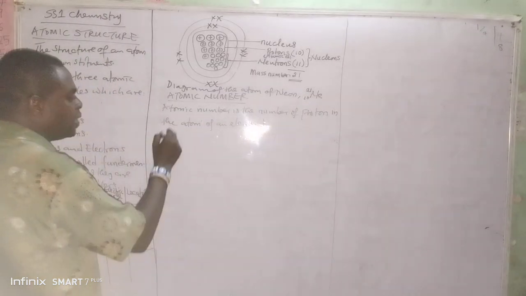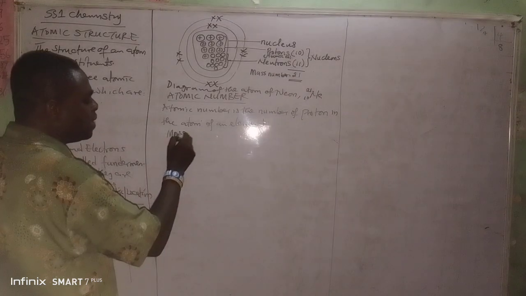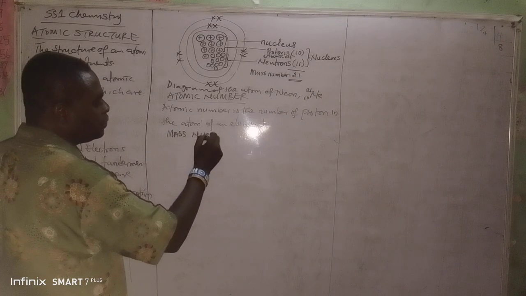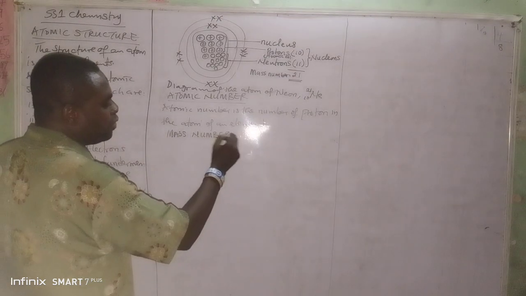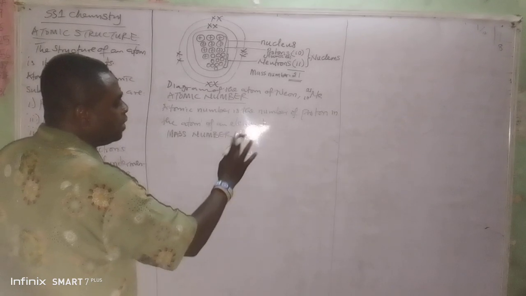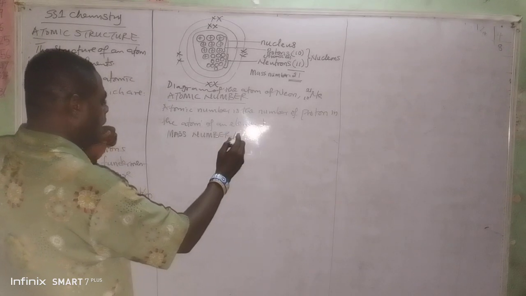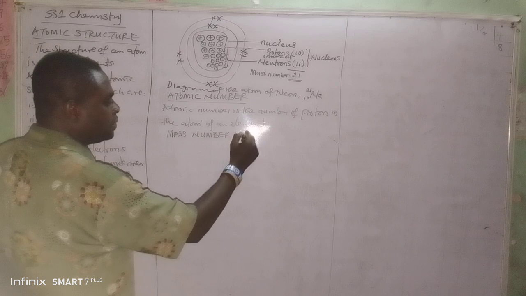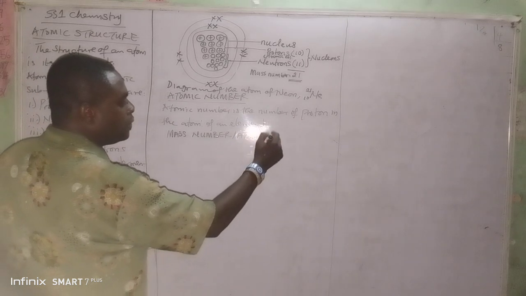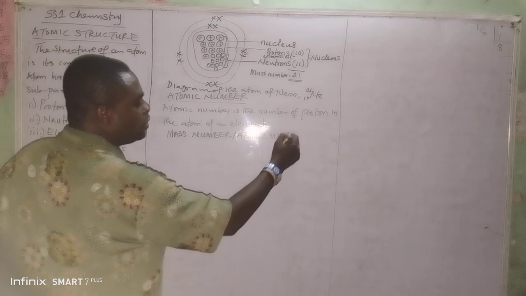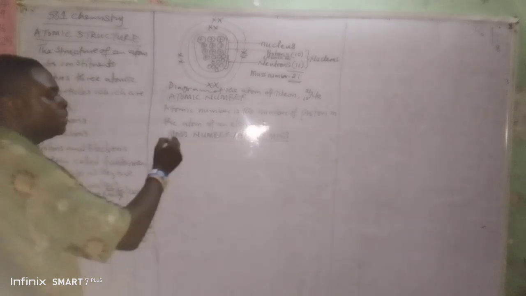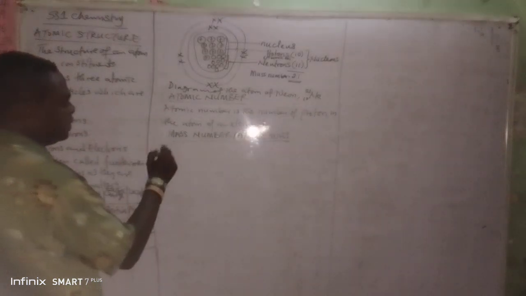Then what is mass number? You either call it mass number or you call it atomic mass. What is atomic mass or mass number?